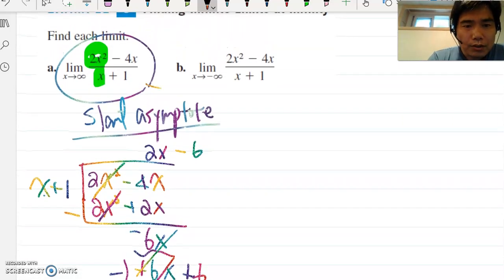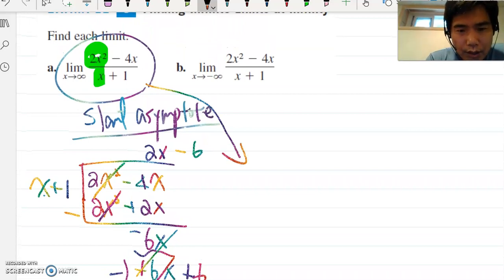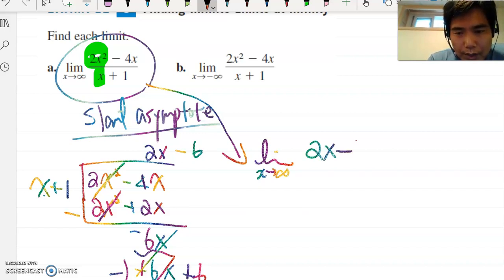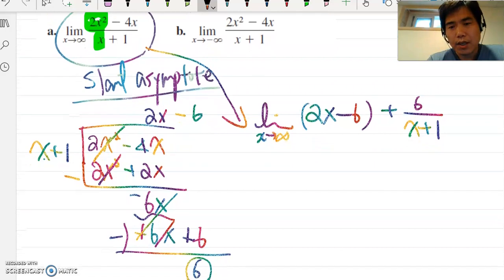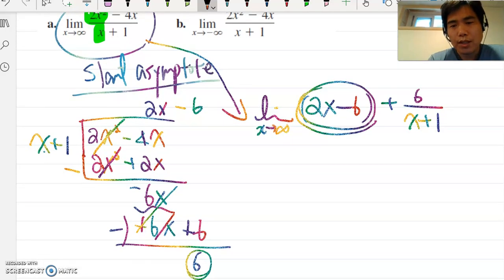Therefore, you can rewrite this limit, x moves to infinity, of 2x minus 6 plus 6 over x plus 1, like that. Okay, so in this case, there will be your slant asymptote, basically.